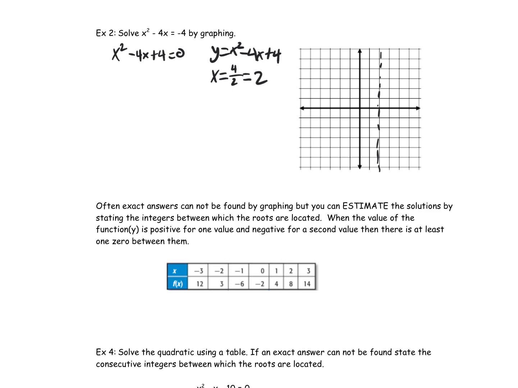I'm going to plug that into my function. 2 squared minus 4 times 2 plus 4. So that's going to be 4 minus 8 plus 4. 4 minus 8 is -4. -4 plus 4 is 0. So my vertex is on the x-axis.